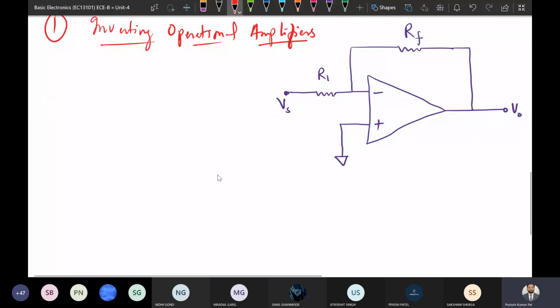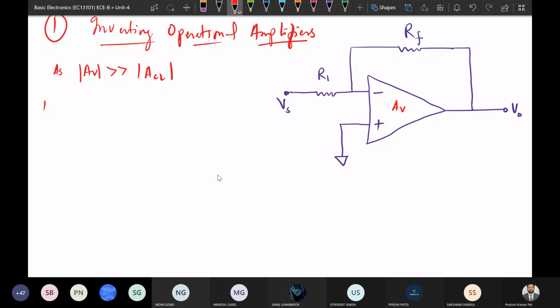Okay. So from there we can see if it is having the gain, that is AV. Okay, and also we will be considering AV in this case will be very much greater than the closed loop gain.